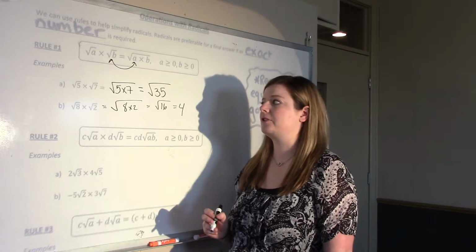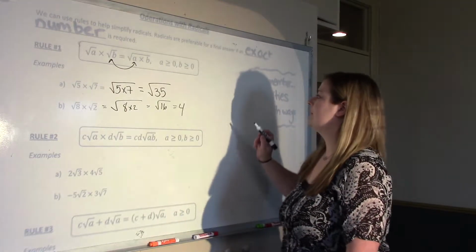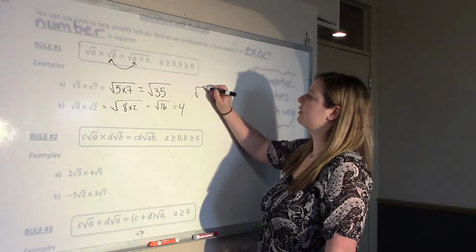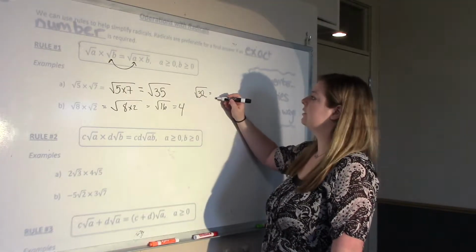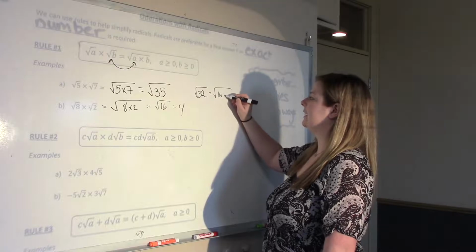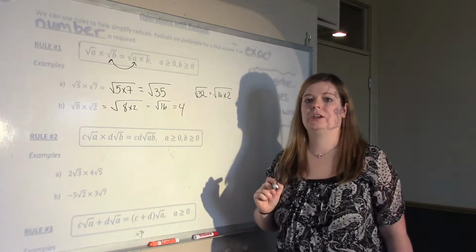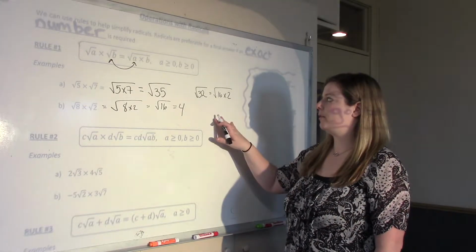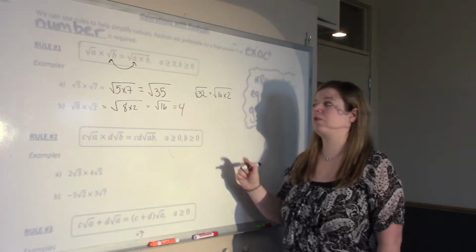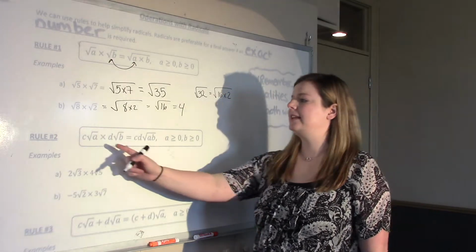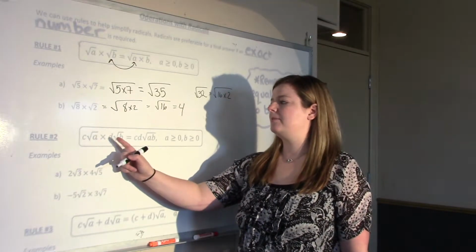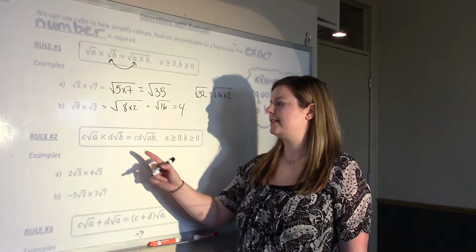So there you go, that's the first rule. Now think about if you have something like root 32, you can rewrite that as root 16 times 2. Okay, and we'll show a little bit later why writing it this way would be preferable to writing it the other way.